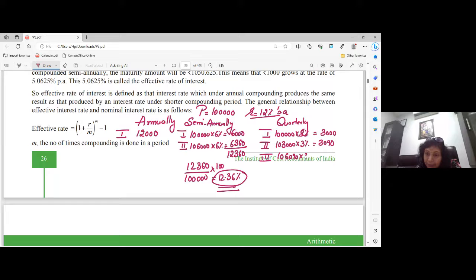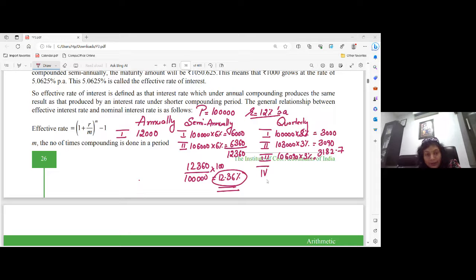1,06,090 into 3%. So that is equal to 3,182.7. And fourth installment is 1,06,090 plus 3,182.7.